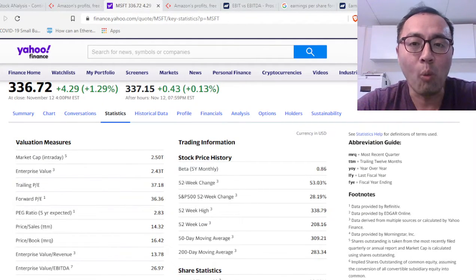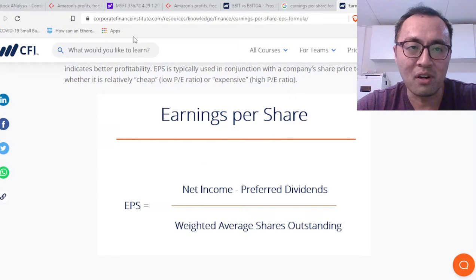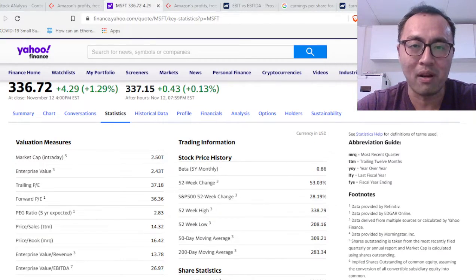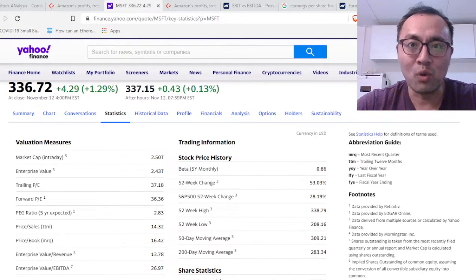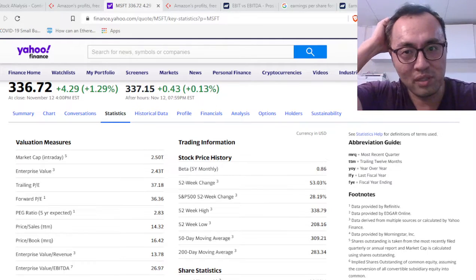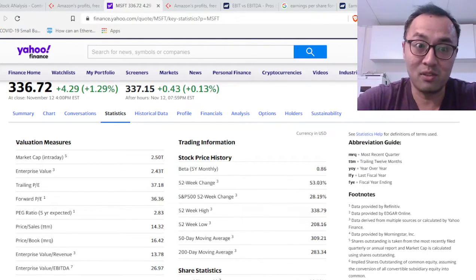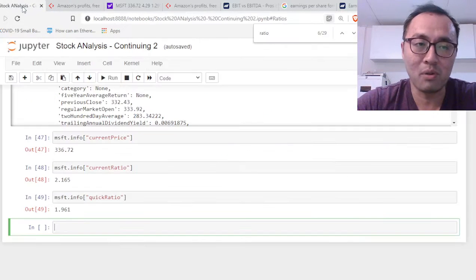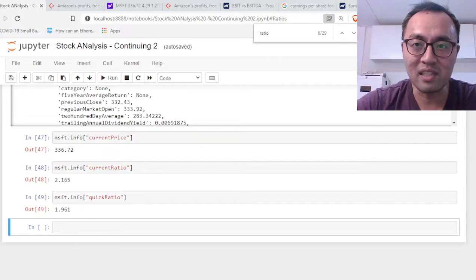I hope they don't use net income for one stock and then EBITDA for another one, because that would make the comparisons all kind of screwy, right? Because you're basically endorsing some stocks by calculating them higher or lower. I hope Yahoo Finance is not doing that. I don't think they are, but I could be wrong. So if you know the answer, put it in the comments below.